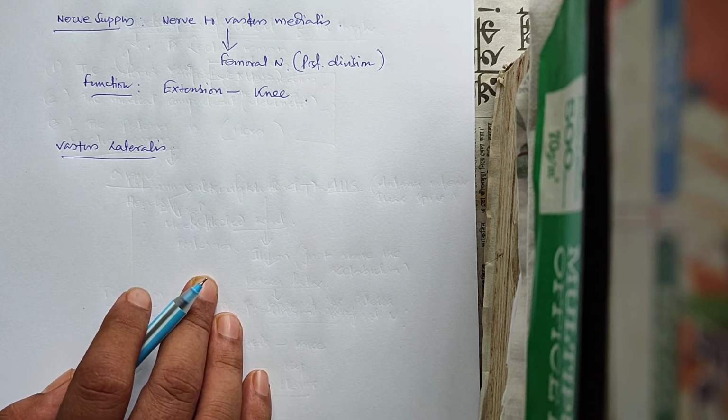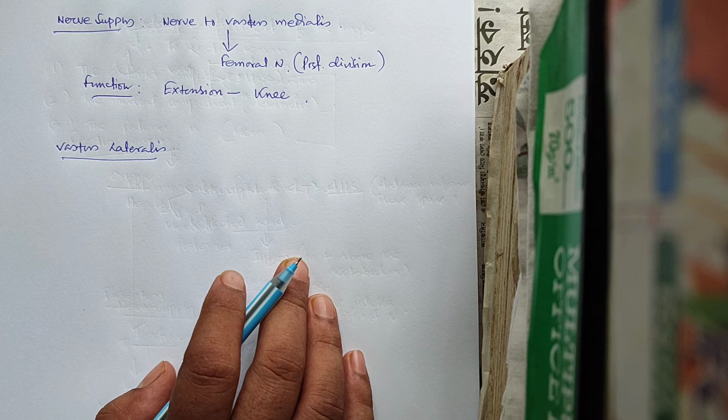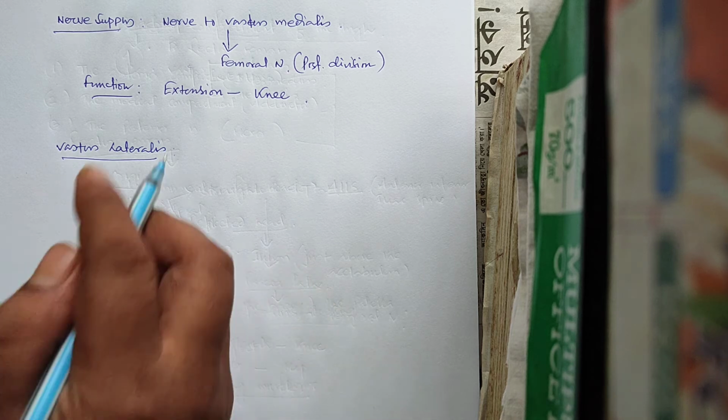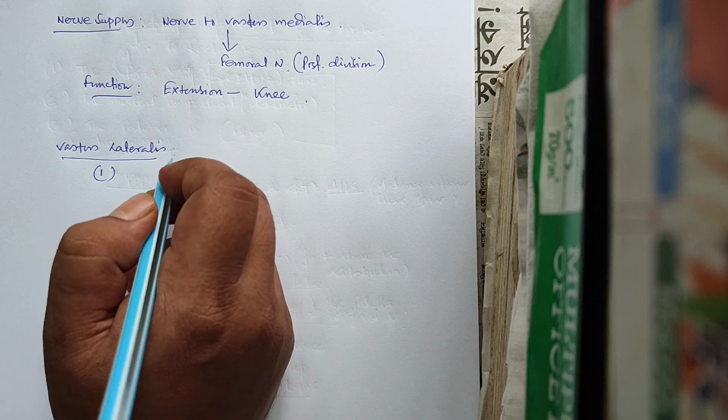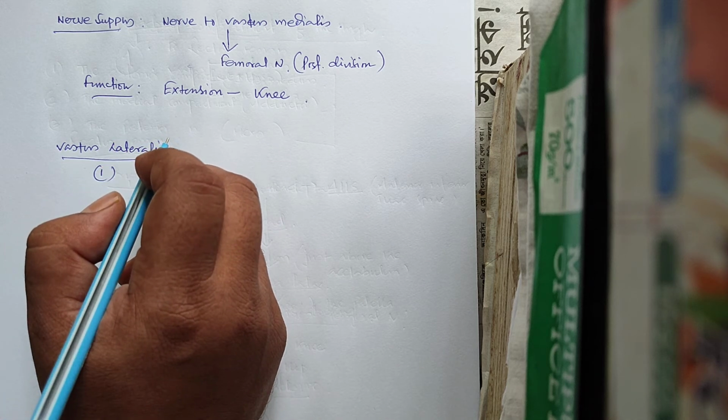Vastus lateralis has also a long linear origin from the following areas. First one is the upper end of the intertrochanteric line.